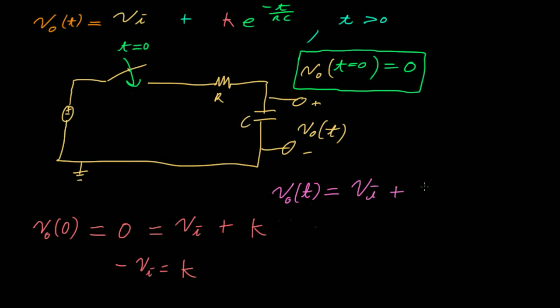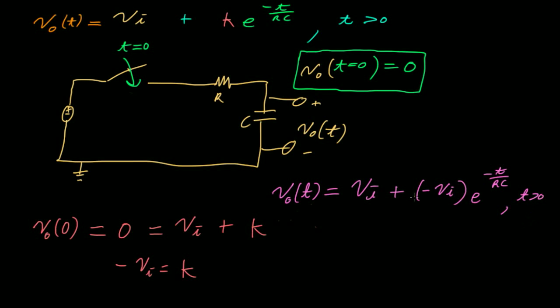We know our k is minus Vi times e raised to the minus t over RC. And we know that this solution is valid for all time greater than 0.